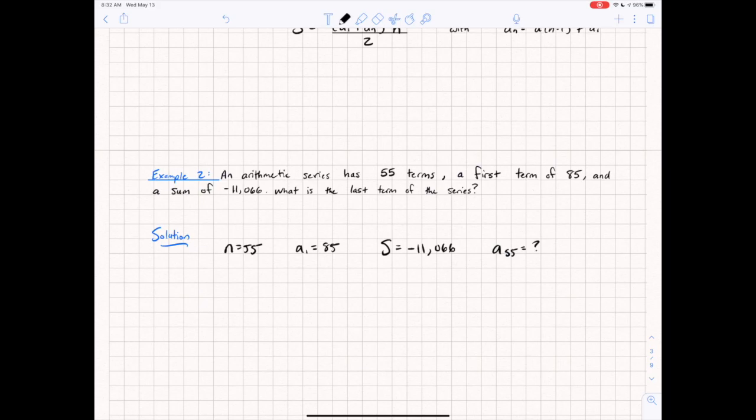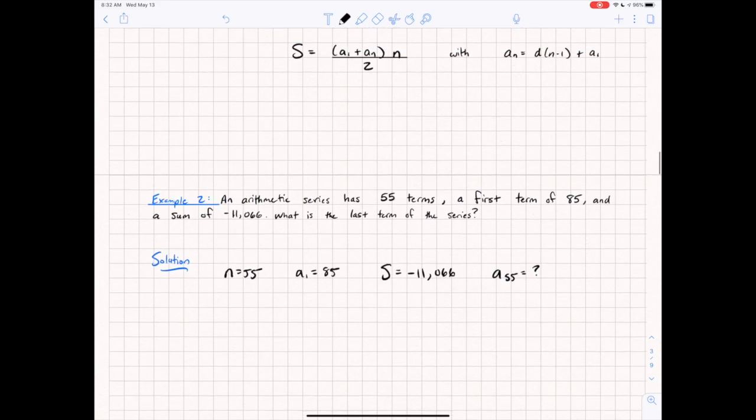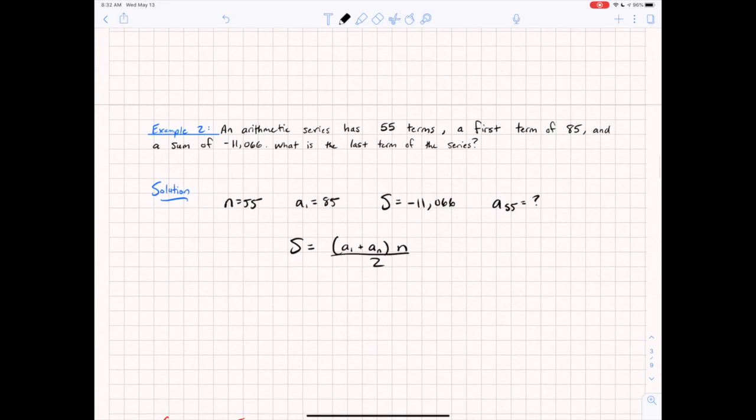Okay, and so what we can do is turn and look at the formula for the sum. So S is equal to a1 plus an times n all over 2. And notice how I know everything but that last term, so I can just plug in what I know. So the sum, negative 11,066, has to be equal to 85 plus a55 times 55 divided by 2.